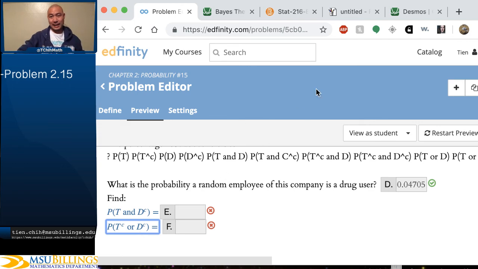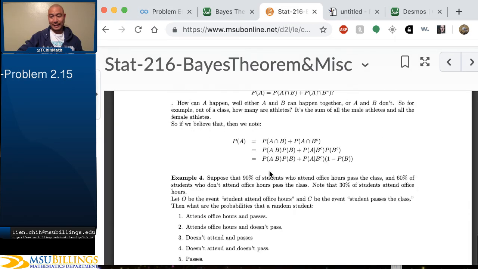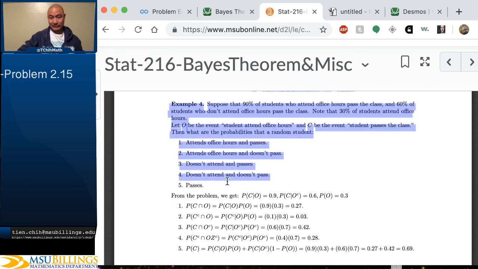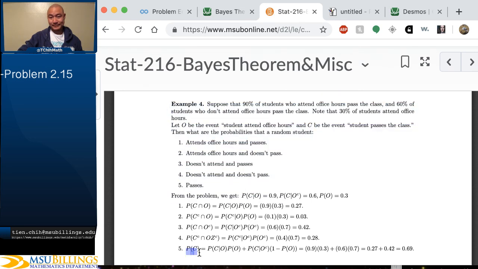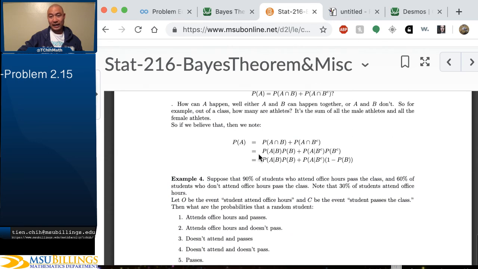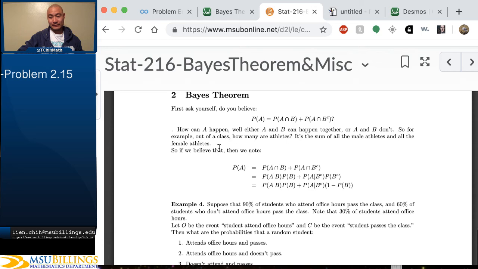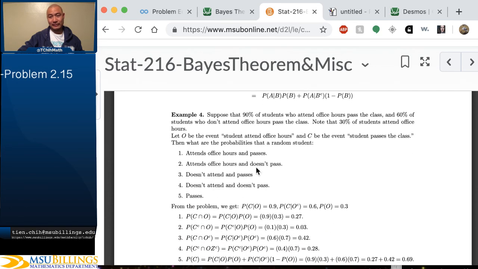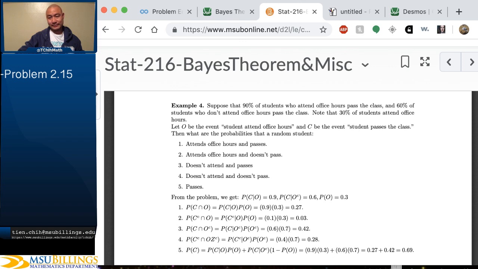It's also worth noting that at the end of this handout, there's an example problem with a very similar setup, and it works through quite a few versions of questions that could be asked. So you might find it helpful to go through that and see what's there.